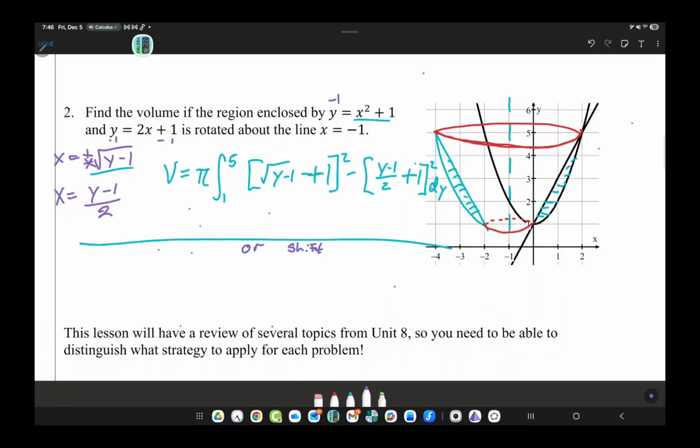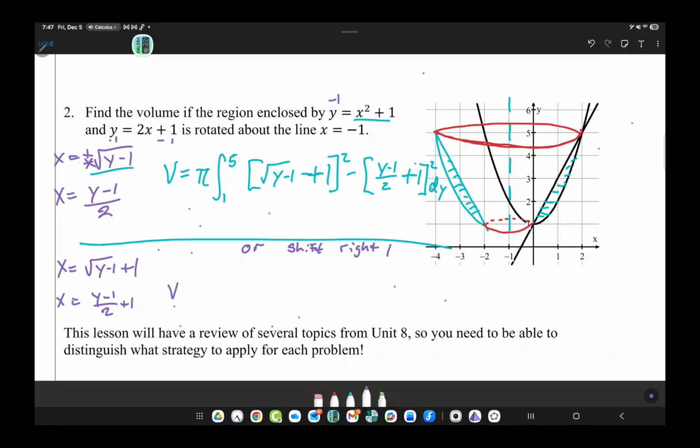Or shift where? Shift right one. Now, what is shifting right one going to do? That's going to add one to all my functions. Because now they are in terms of y, it is like shifting up in terms of x. So my new function, x equals square root of y minus 1 plus 1. x equals y minus 1 over 2 plus 1.